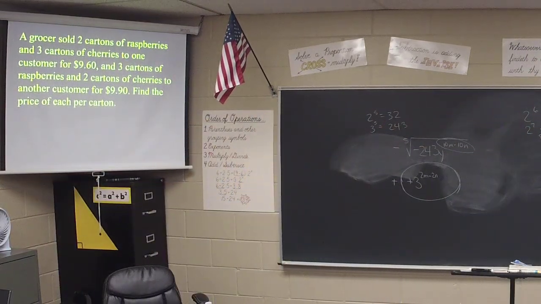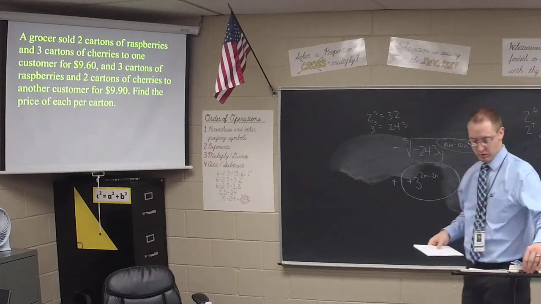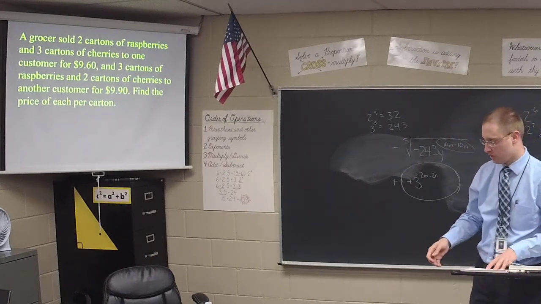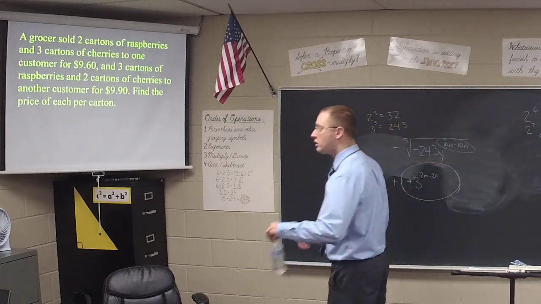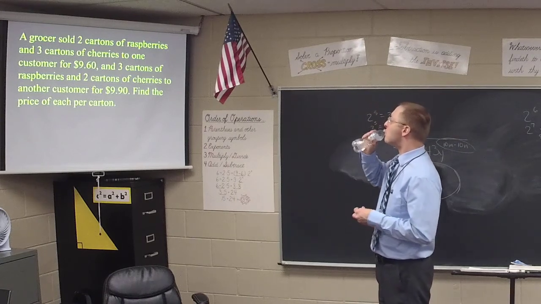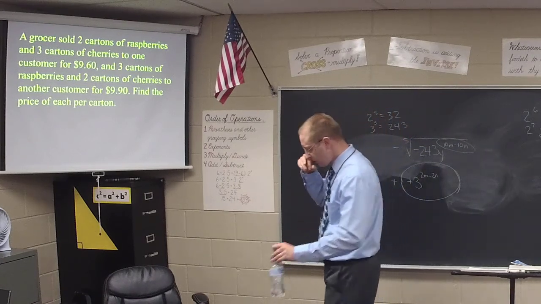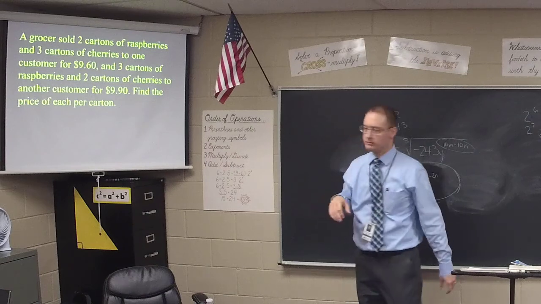Go ahead and read the word problem for us, if you would, Brecken, nice and loud. A grocer sold 2 cartons of raspberries and 3 cartons of cherries to one customer for $9.60, and 3 cartons of raspberries and 2 cartons of cherries to another customer for $9.90. Find the price of each per carton.